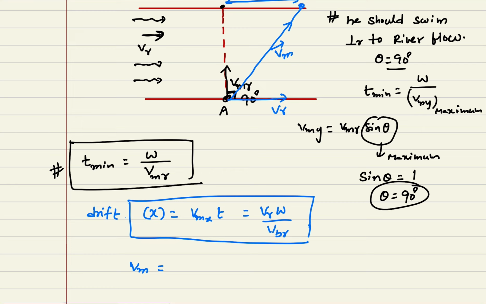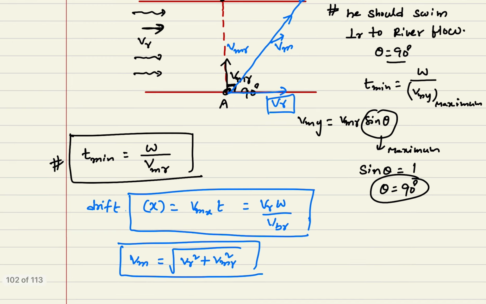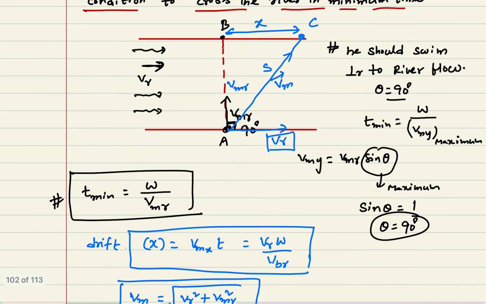Now if you want to calculate the velocity of the man, it can be written as the square root of Vr square plus Vmr square, since Vr is along the x-axis and Vmr is along the y-axis. This is the velocity of the man.